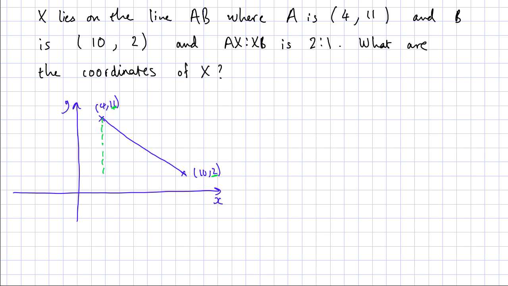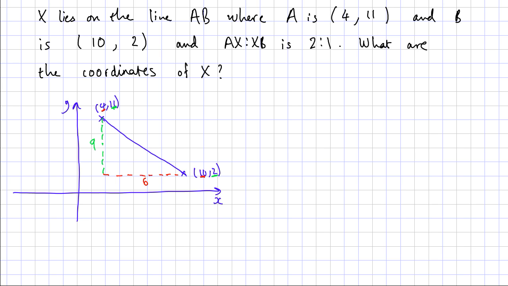So that must be 9. And the x values go from 4 all the way up to 10. So 4 to 10, that's 6. Now notice that I didn't put minus 9 here because I'm just focusing on the length. So that's why I put 9.